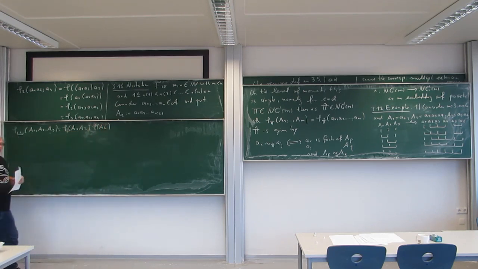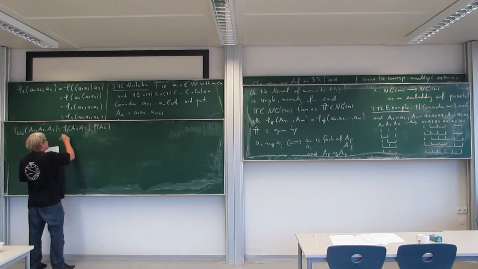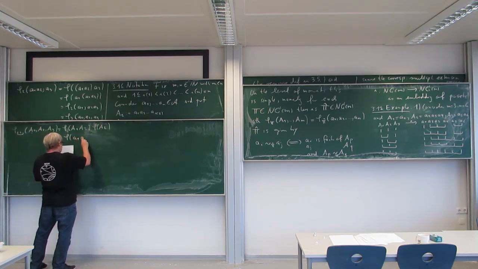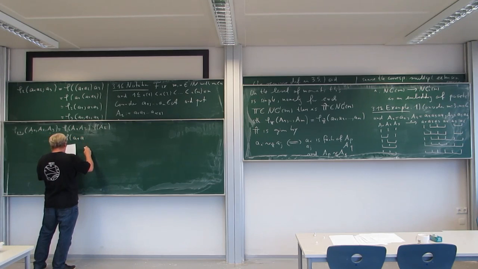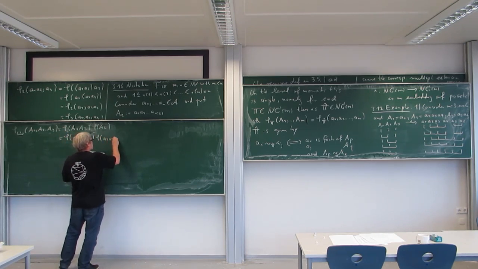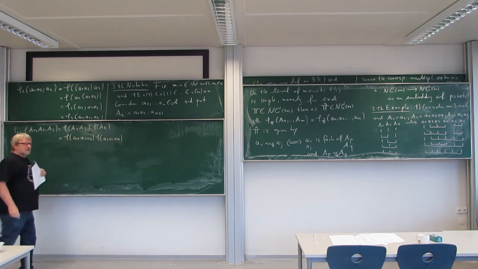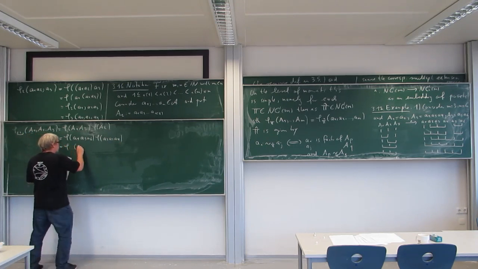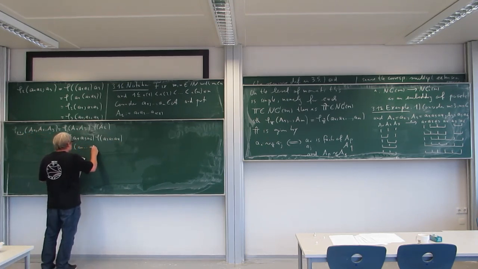Okay, now I'm plugging in the little a's for the capital A's. So actually this here is phi of, so what is A1? A1 is just little A1, and A3 is phi of A6, and here I have phi of A2, and this is A2, A3, A4. And of course you see what I have here is now phi of the elements A1 up to A6.